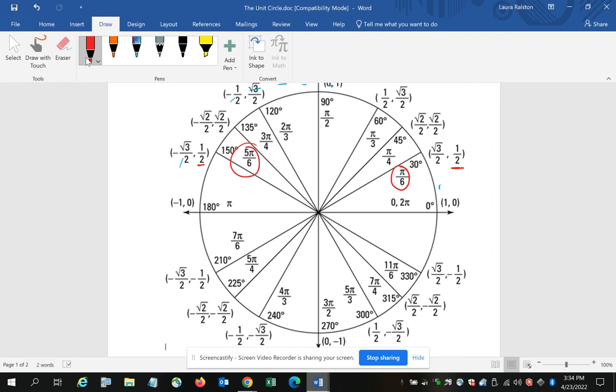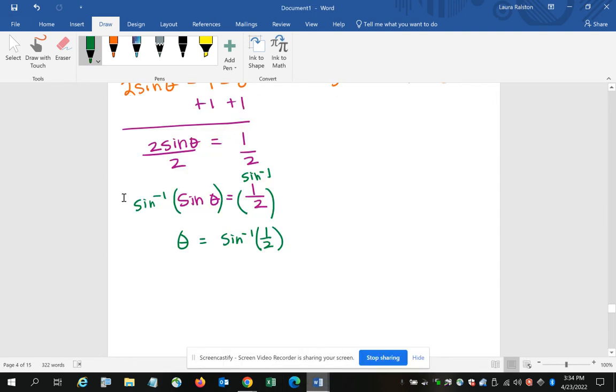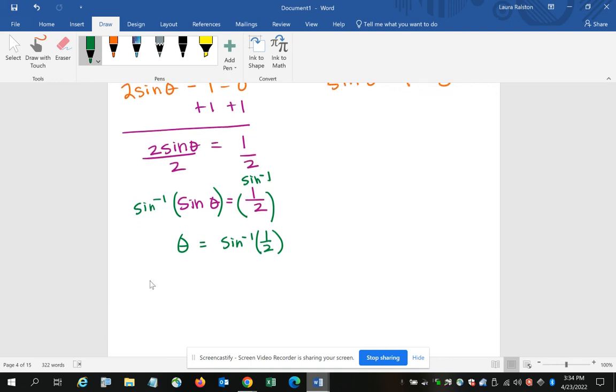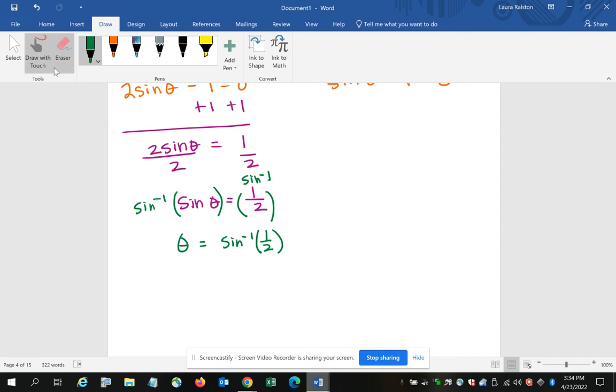It's negative there and negative there. So my sine is positive 1/2 at pi sixth and 5 pi sixth. So theta equals pi sixth and 5 pi sixths, which is between 0 and 2 pi.